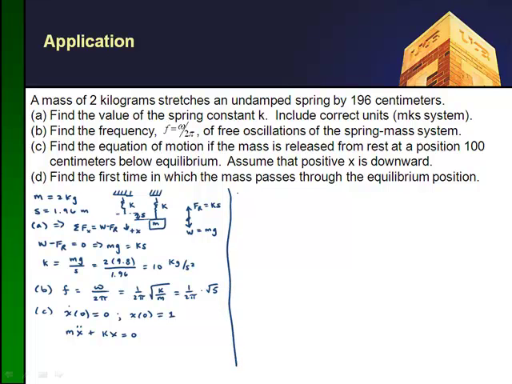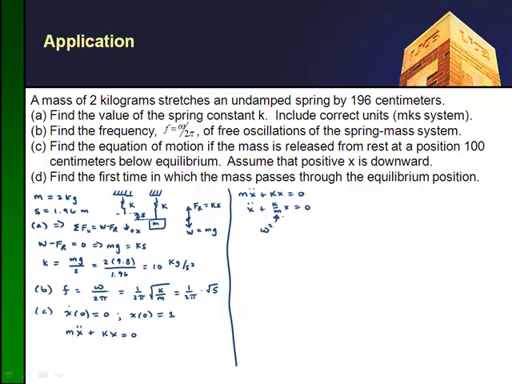So let's go ahead and see if we can solve this. We have mx double dot plus kx equals 0, which I could write as x double dot plus k over m x equals 0, where the k over m, again, is my omega squared.